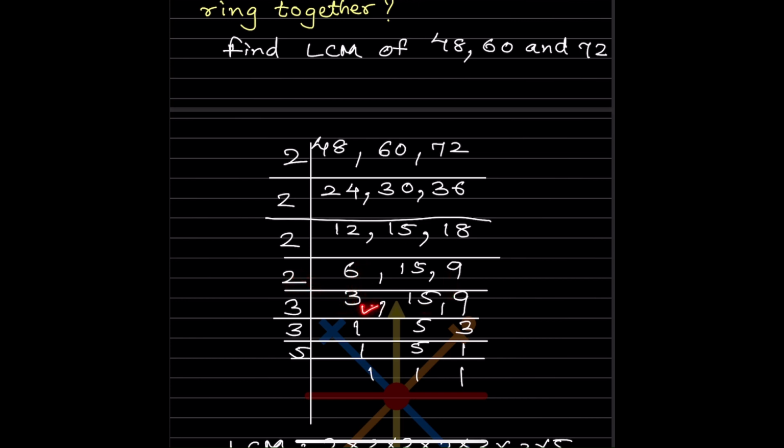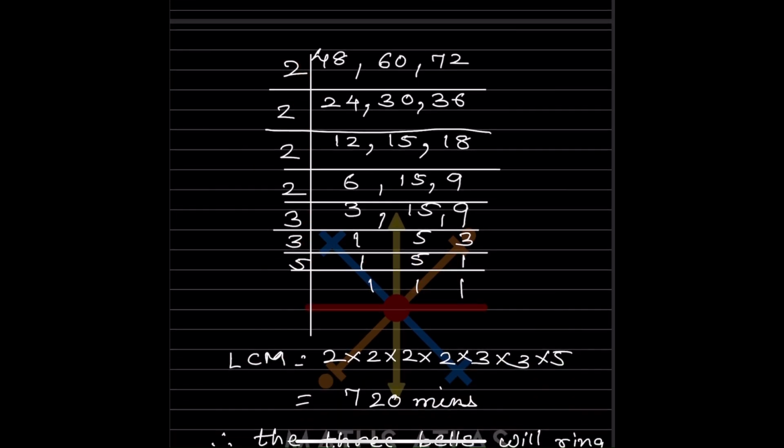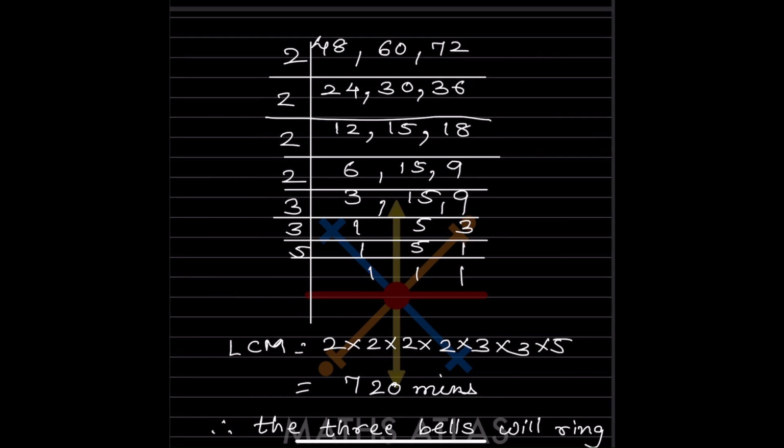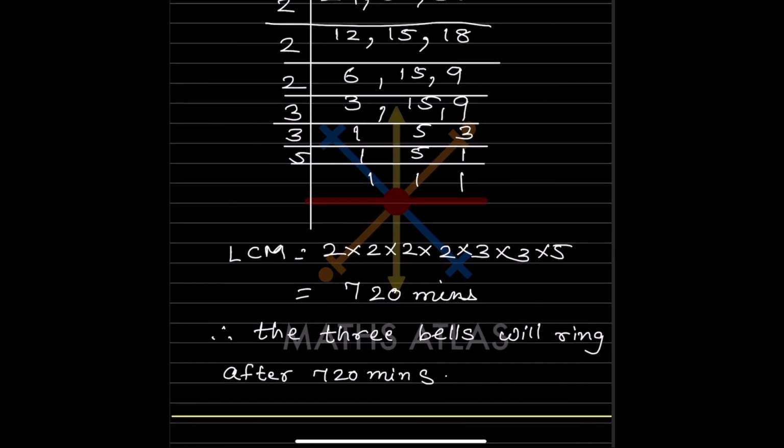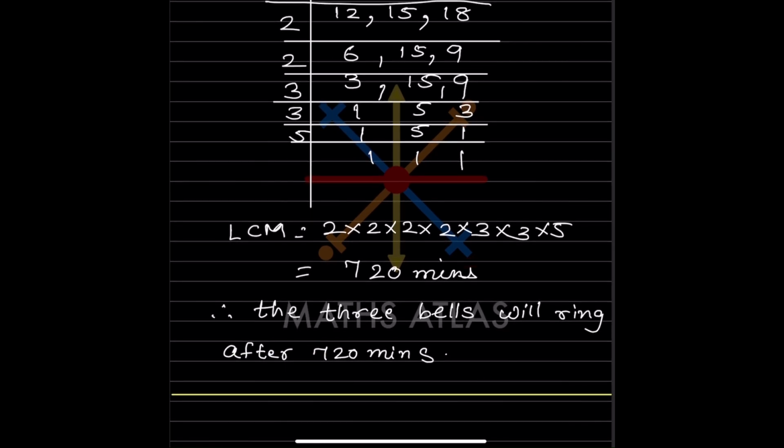So now this doesn't go with 2, but that goes with 3. Then again we will see for 3 first. This keep as it is. And then for 5, this as it is. So these are the factors. So when you multiply all this together, you get 720 minutes. So we can say therefore the 3 bells will ring together after 720 minutes.